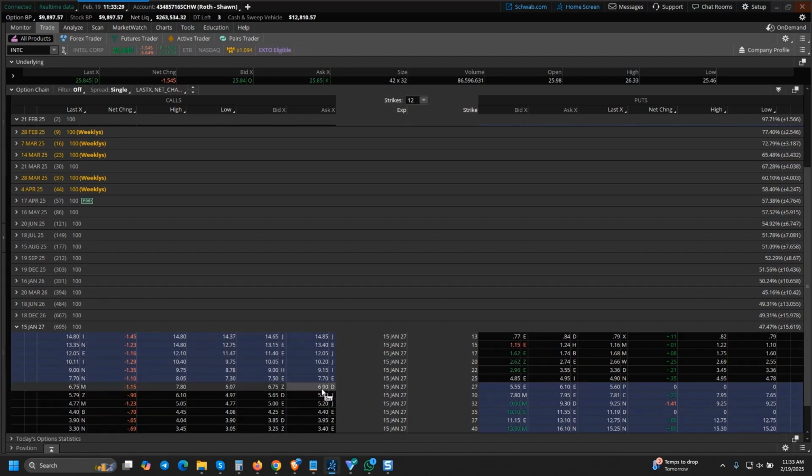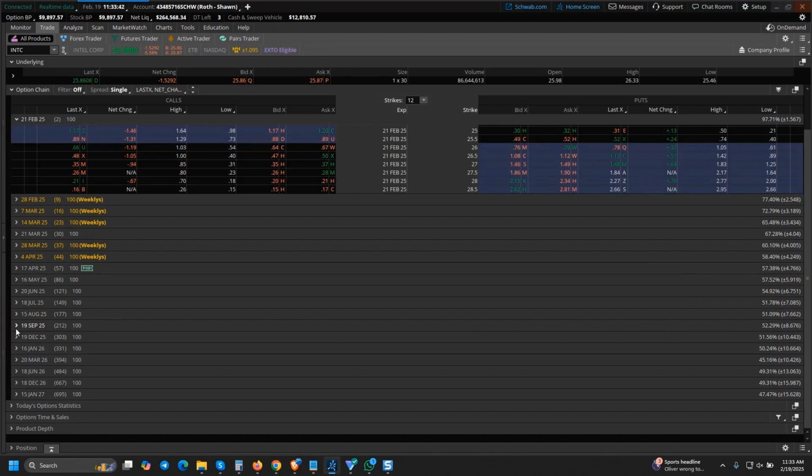I could buy a 27 strike price option 2 years from now for $6.90 right now. See a big difference, but that's a long time for the stock to move. The longer you go out, the more opportunity you have that the stock moves in your favor, but not quite as much leverage for how fast it's going to move.